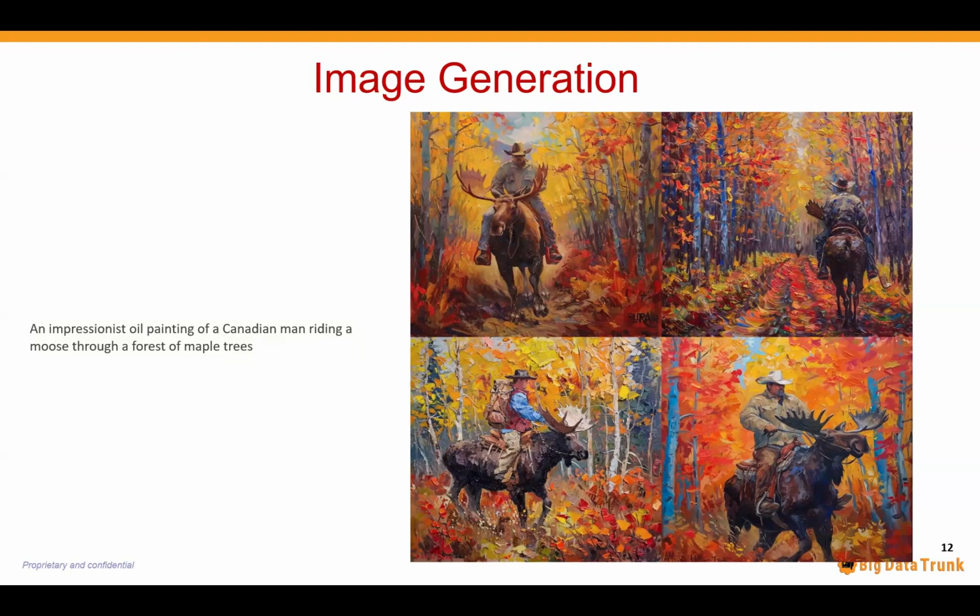For example, this image on screen, an impressionist oil painting of a Canadian man riding a moose through a forest of maple trees. The prompt itself is extremely detailed about what elements you would want to show up within your image. And I think the quality of the image itself pretty much reflects almost all those components in very good fashion.